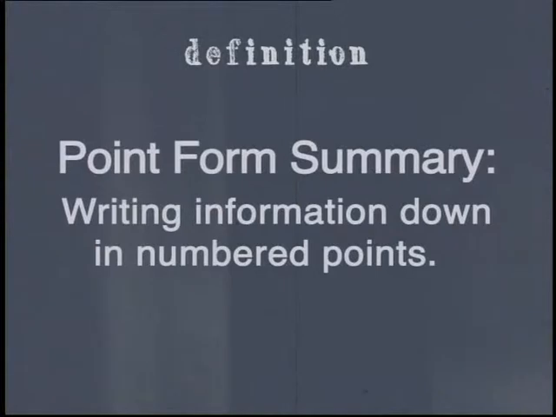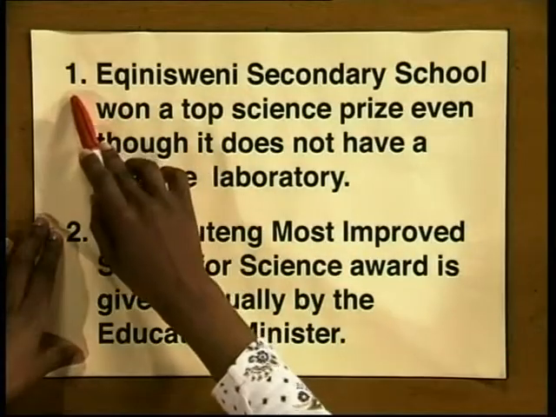Now that we've practiced extracting the information, let's see if we can write it down in a point form summary. A point form summary requires you to write down the information in numbered points. This means that you will number the main points, but you must use full sentences. Let's now complete the summary in point form. 1.